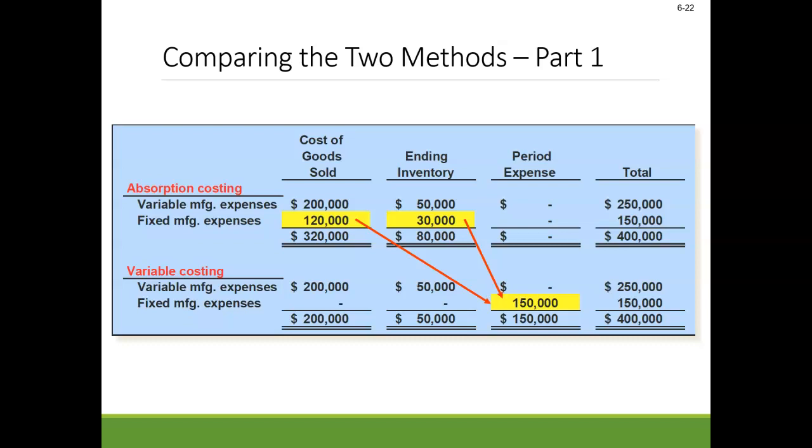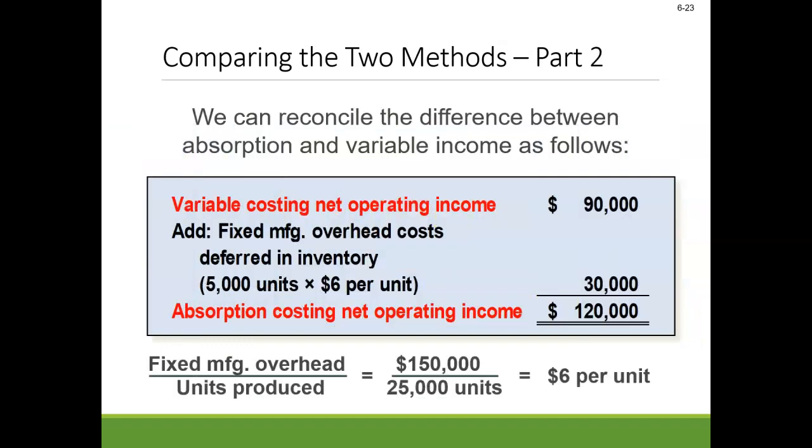It all gets expensed. Hence why there's a difference there. Make sense, guys? So under variable costing, we've got net income of 90. Under absorption costing, we have net income of 120. The difference is that 30,000 sitting in ending inventory. Okay?